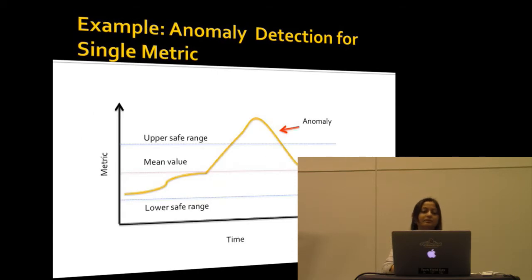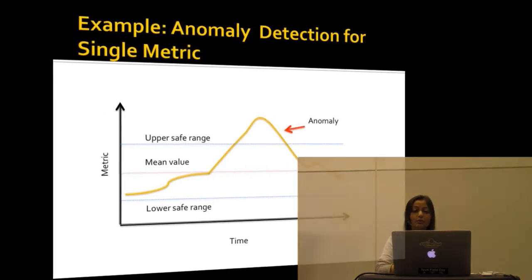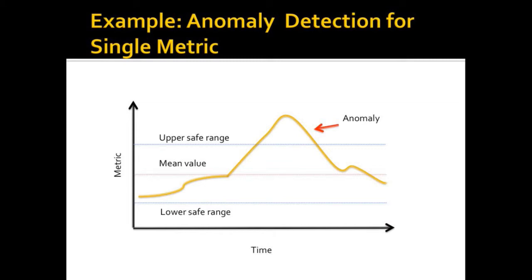So I have a simple example over here. You have a metric which is changing over time. For anomaly detection, I have to follow the two steps that I mentioned earlier. Step one is I have to define what the normal behavior is. If I define the normal behavior as anything which lies within 3 standard deviations above the mean and 3 standard deviations below the mean, and anything lying outside this range is anomalous, then if I apply this, all the points that you see here, which are above the upper safe region, are going to be identified as anomalous data points.